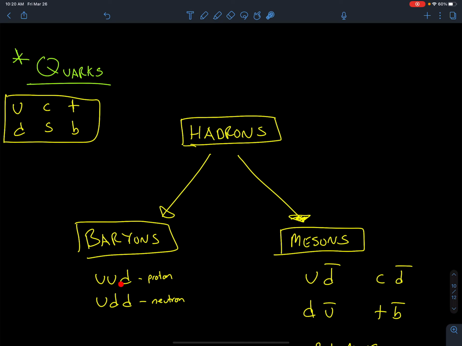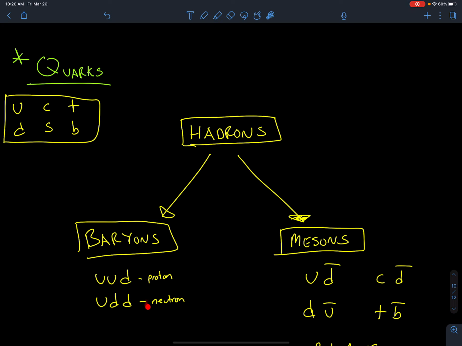Okay, going back to remind yourself, each of these quarks have properties such as charge and spin and mass. So the up quark is positive 2/3, positive 2/3, negative 1/3. That gives the overall charge of a proton, positive 1. The neutron is positive 2/3, negative 1/3, negative 1/3.